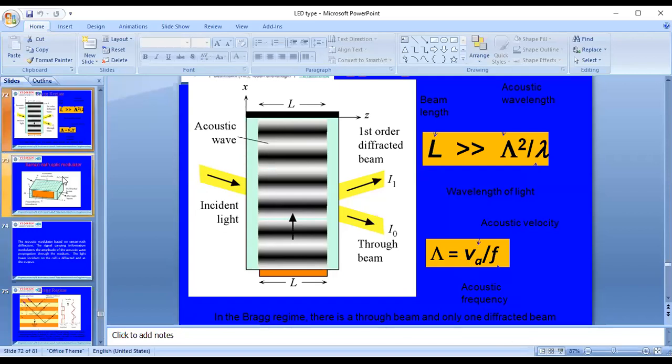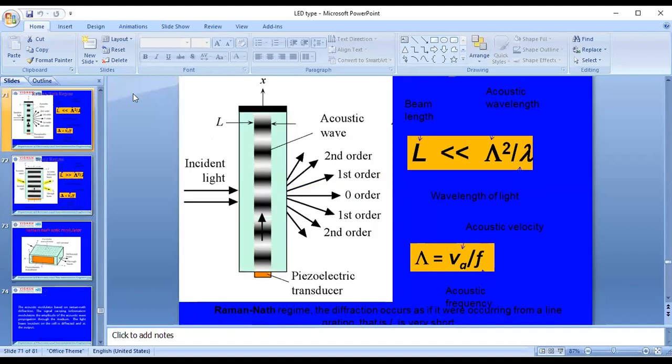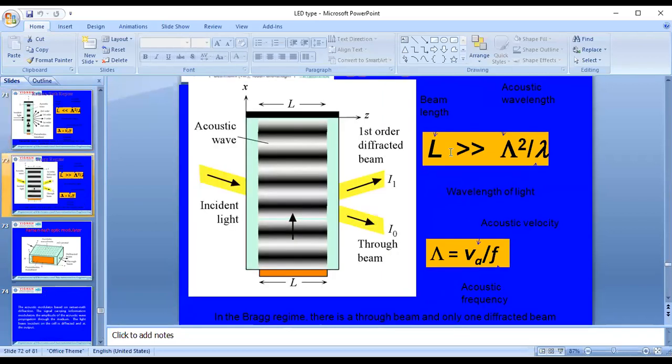So based on those differences, you can observe here that in one case the length of the beam is much less than psi square by lambda, and in this case the length of the beam is greater than psi square by lambda itself. By this, we can take the ratio of applied voltage to the acousto-optic frequency also.